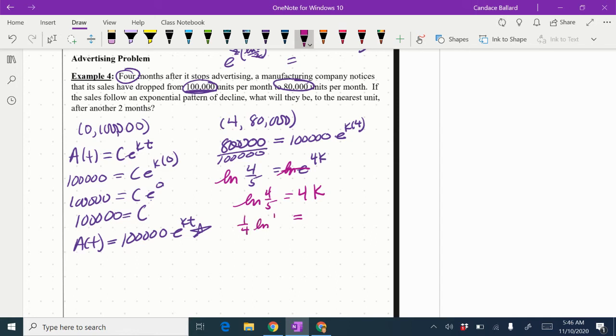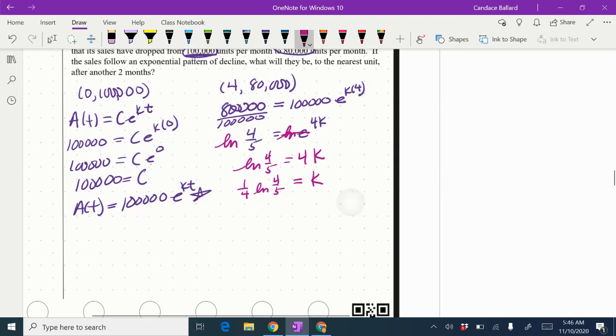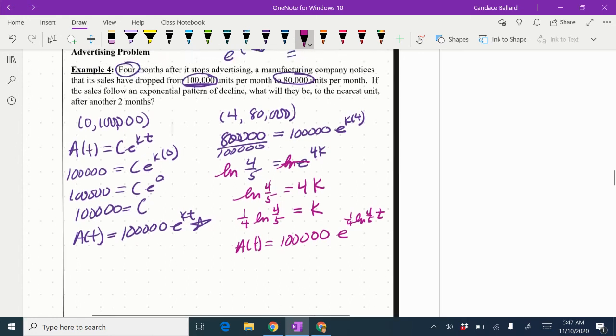So I have 1/4 natural log of 4/5 equals K, meaning that my new equation is A of t equals 100,000 E to the 1/4 natural log of 4/5 t. So that's my new equation.